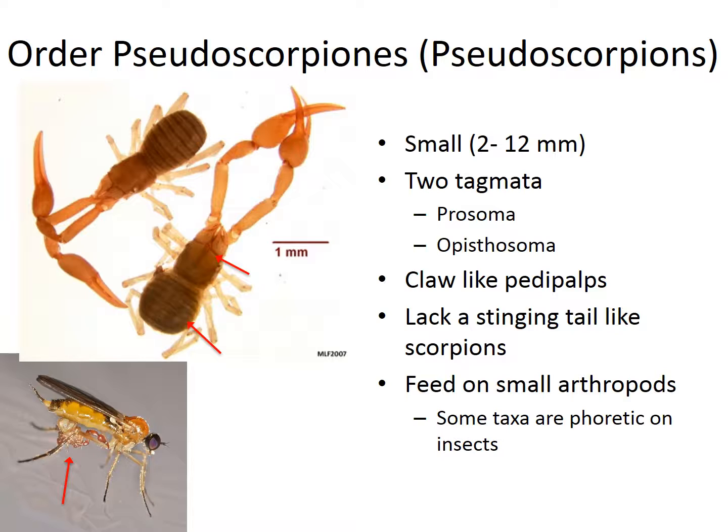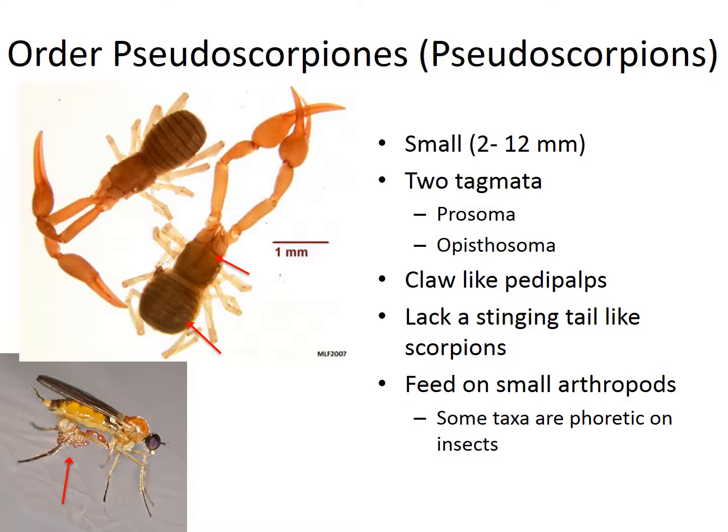They're 2 to 12 millimeters is about their size range, so they're pretty small. The other important difference between pseudoscorpions and scorpions is that they only have two tagmata, a prosoma and an opisthosoma. There isn't a tail like in scorpions. They do, like scorpions, have these claw-like pedipalps, but as I said, they lack a stinging tail.